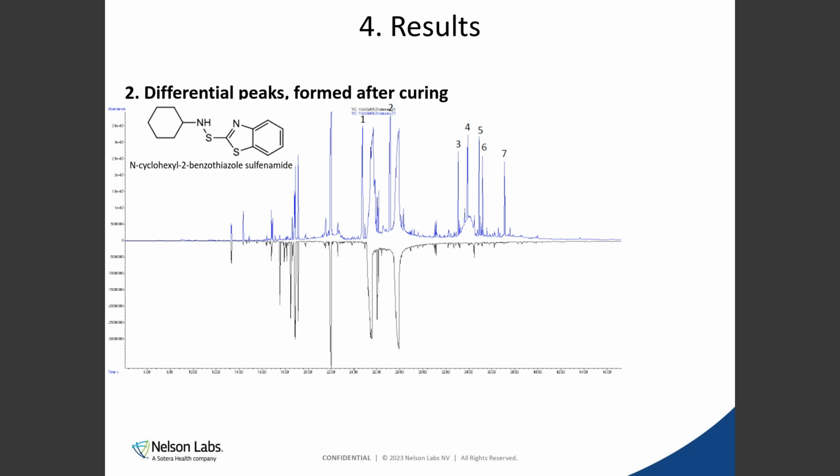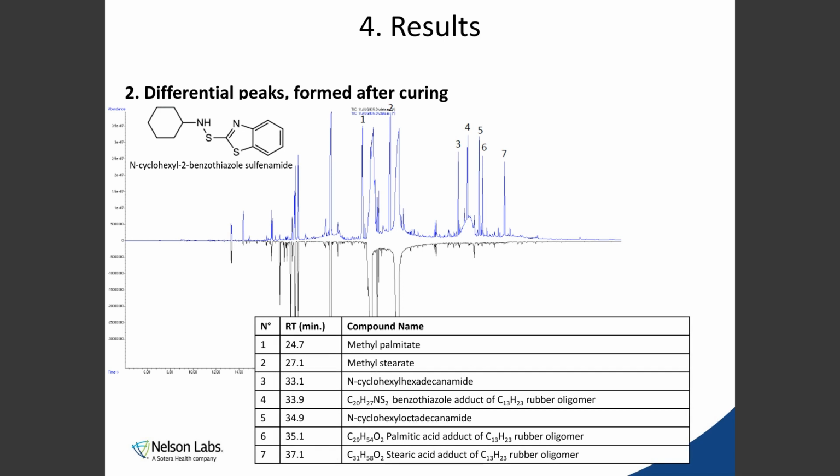That's another example, meaning with another compound that should react together with the same starting mixture containing the rubber oligomers, but with slightly different, of course, reaction products.